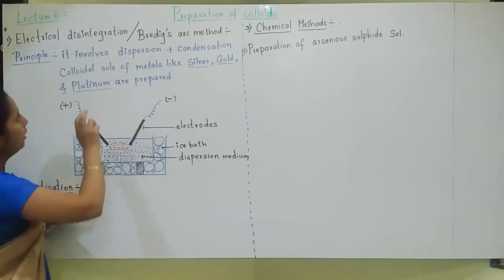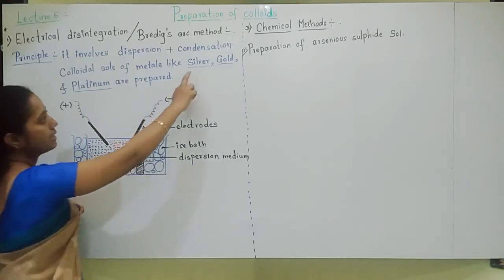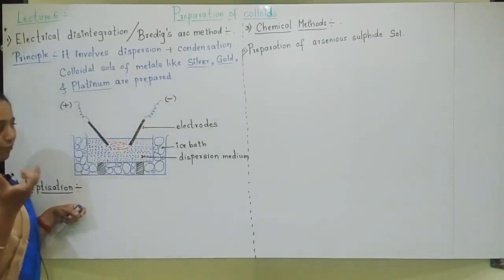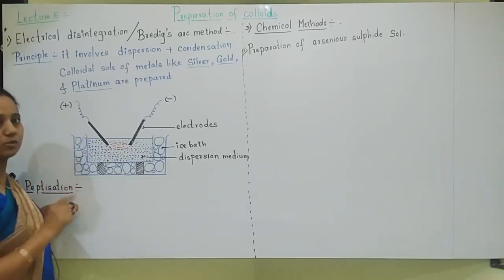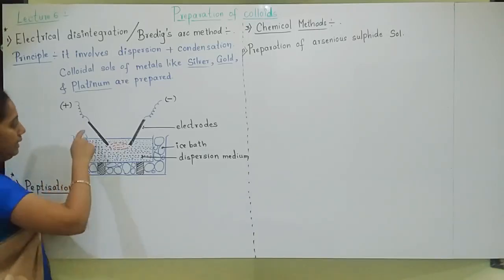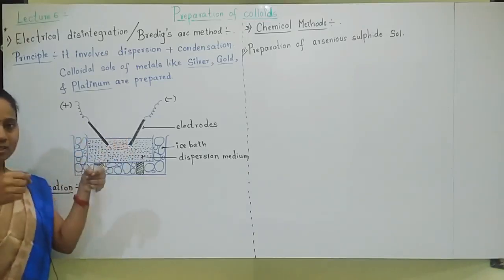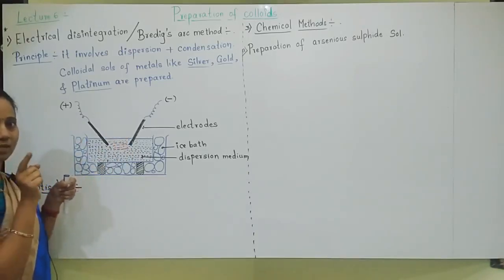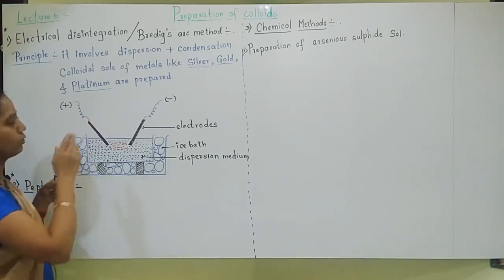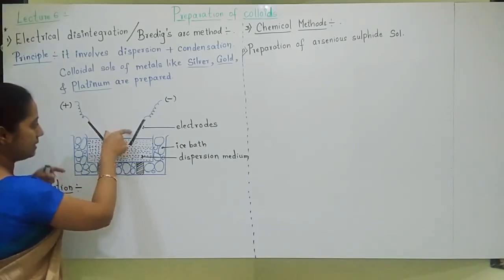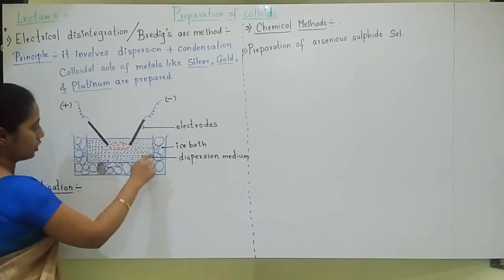Now see here. If we want to prepare a colloidal solution of silver, gold or platinum, rods of that metal are taken. Two rods are taken, of whichever metal's colloidal sol you want to prepare. These rods of metal are immersed in the dispersion medium.